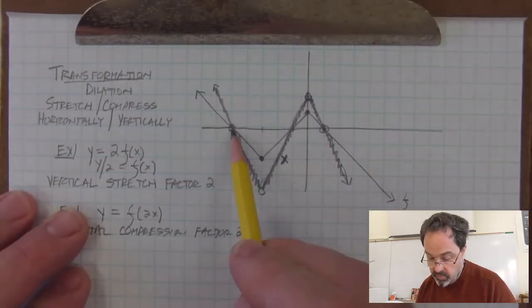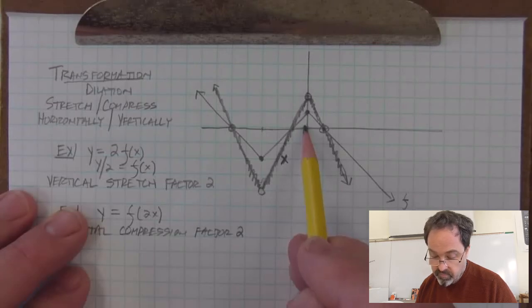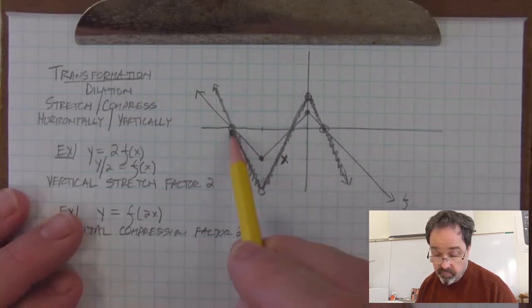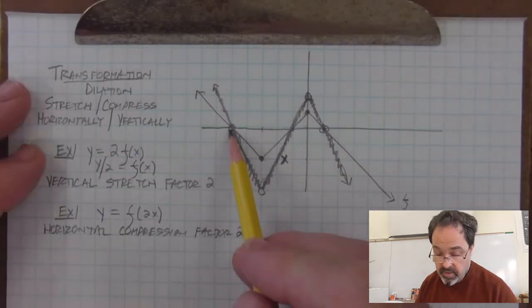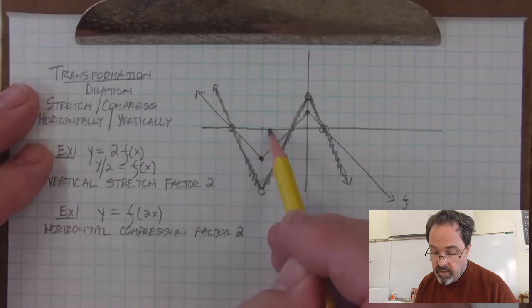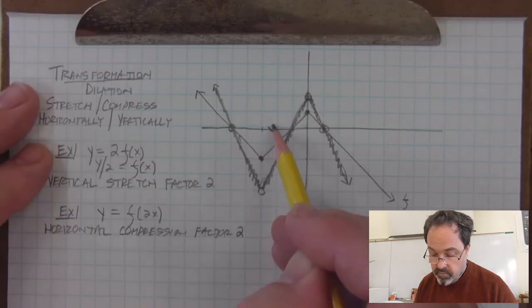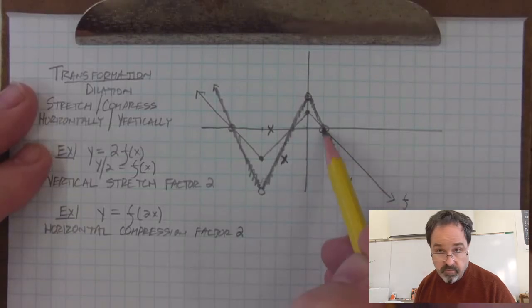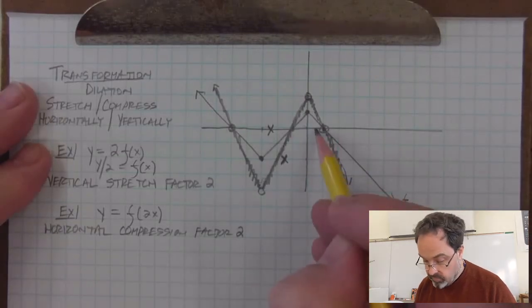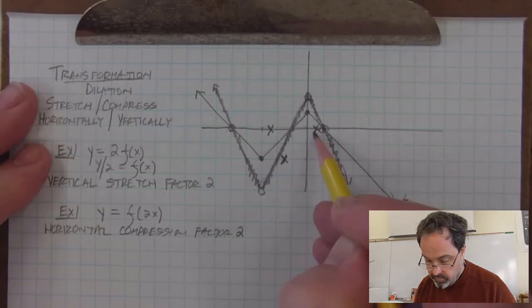This point here has a horizontal distance of 5. The x value of this point is -5. So if its horizontal distance is halved, it's going to move to -2.5, right there. This point has a horizontal distance of 1. Halving it would change it to 1/2.